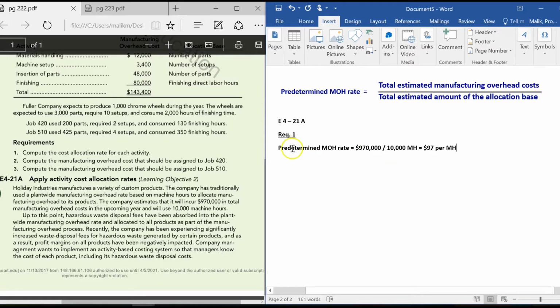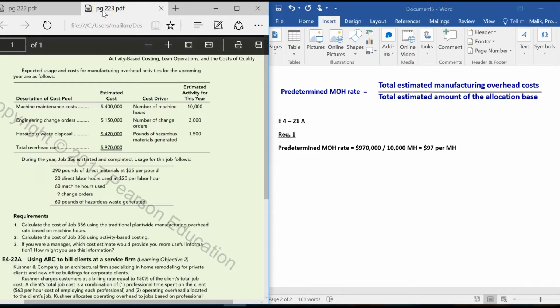Now this is the one plant-wide rate they will be using to estimate or to allocate their overhead costs. So if we go to the next page, you'll see the requirement is asking to calculate the cost of job 356. Remember, we need to calculate the total cost of this job.